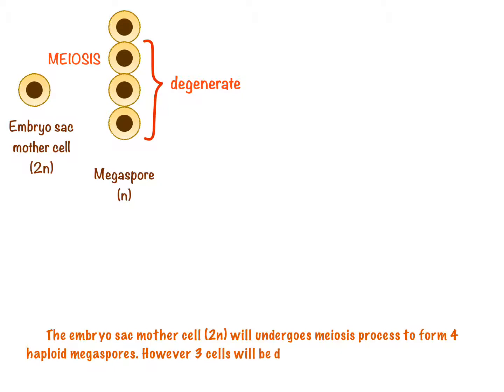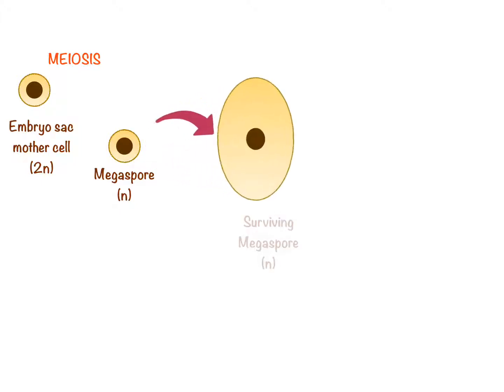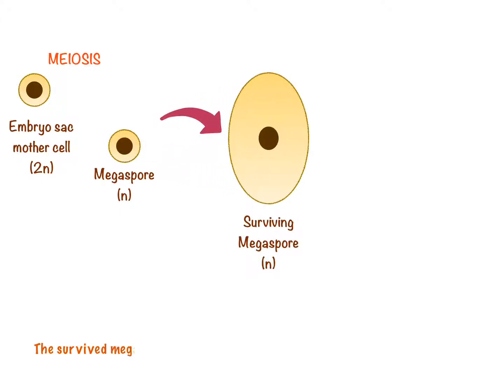However, 3 cells will degenerate and only 1 will survive. The surviving megaspore N will divide by mitosis 3 times to form 8 nuclei.